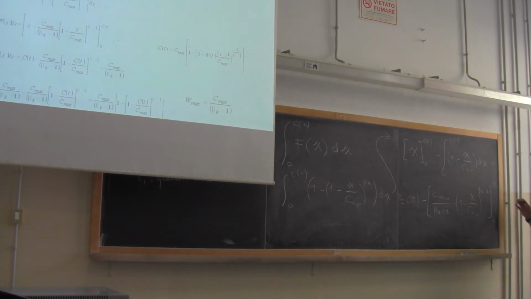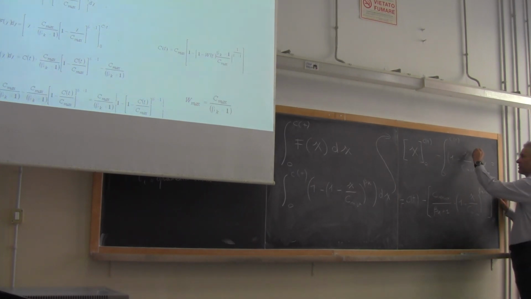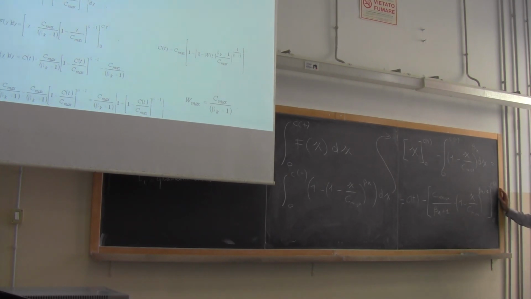Okay, now let's try to understand what I wrote is correct. This is the integral of an exponential function. I forgot here, sorry, to write beta k, the exponent. So let's see if I get, by computing the derivative of this quantity here between square parentheses, let's see if I get the argument of the integral.